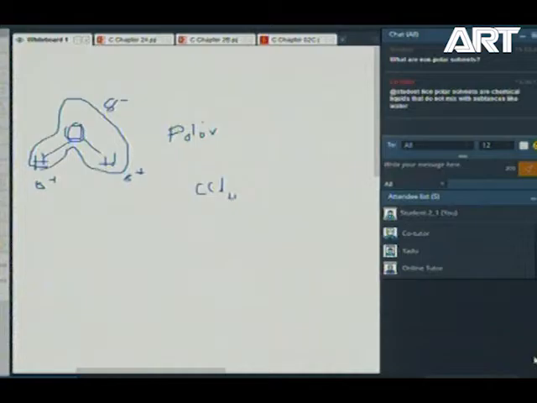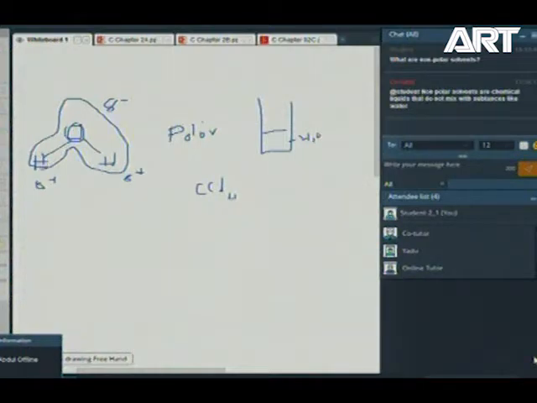You can have two layers if you add CCl4 into water. Here, if you have water, you can have a CCl4 layer here. Those are immiscible. Okay.